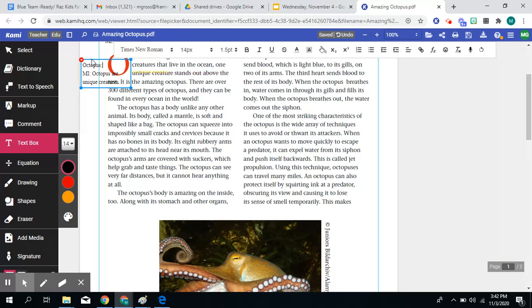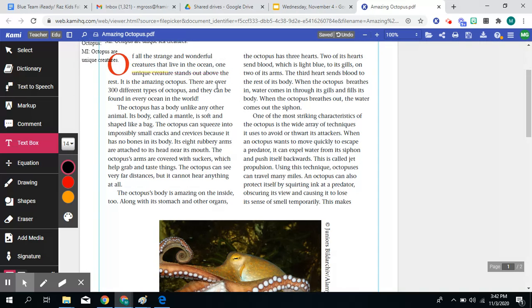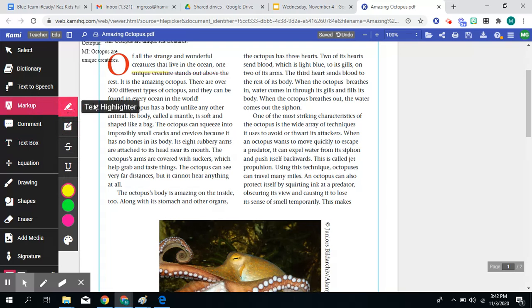I'll move this over so we can see it better. I'll put it up here. So they're unique creatures. So that could be a main idea, and we'll read on to see if the details fit with it. But let me see why I think this would be a main idea. So I see a pop-out sentence that says one unique creature stands out above the rest.